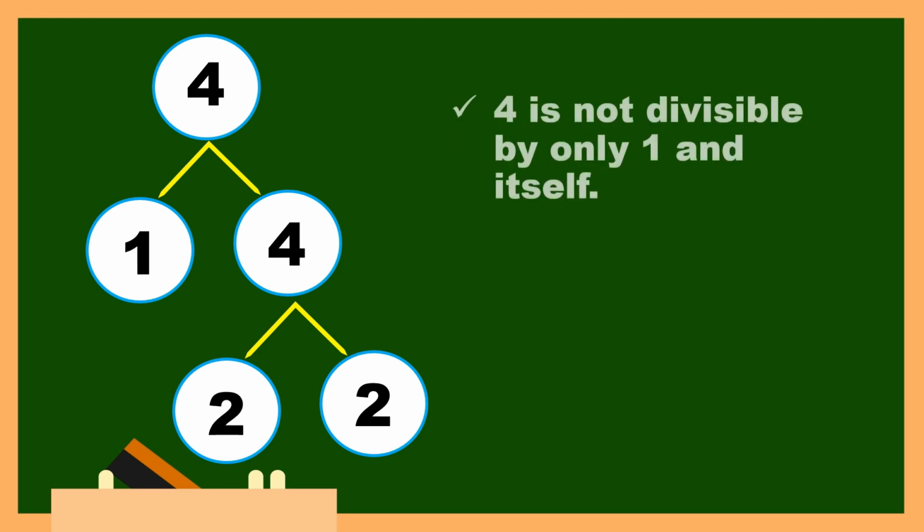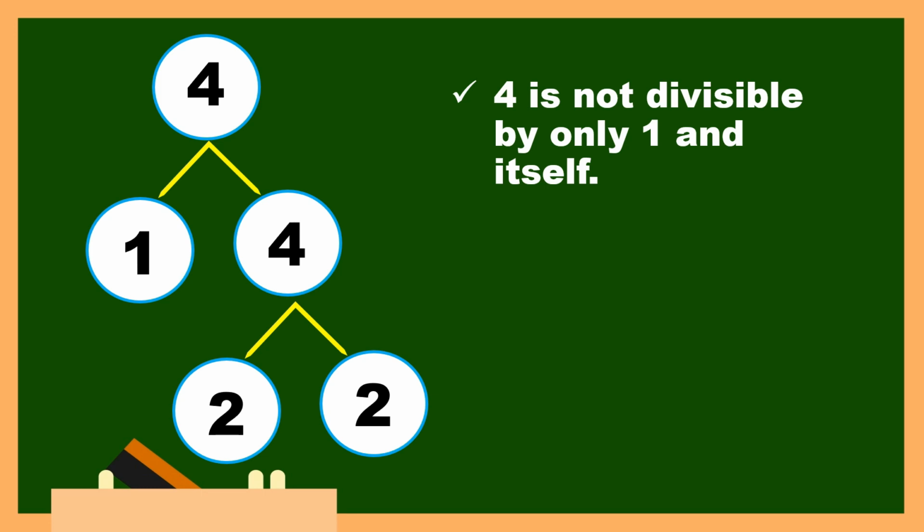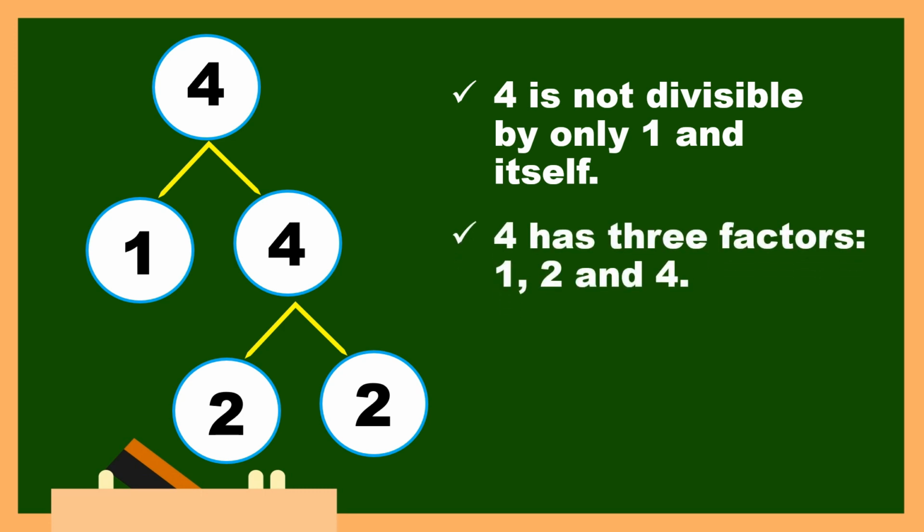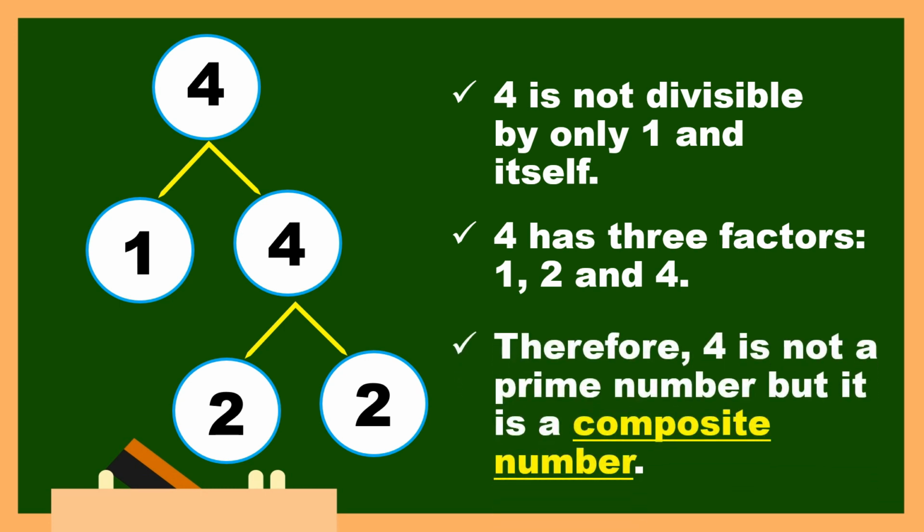So, 4 is not divisible by only 1 and itself kasi nga, meron pa siyang ibang factor, which is 2. And 4 has 3 factors. Yun, sinabi ko na kanina, ang kanyang factors ay 1, 2, and 4. Therefore, 4 is not a prime number, but it is a composite number.